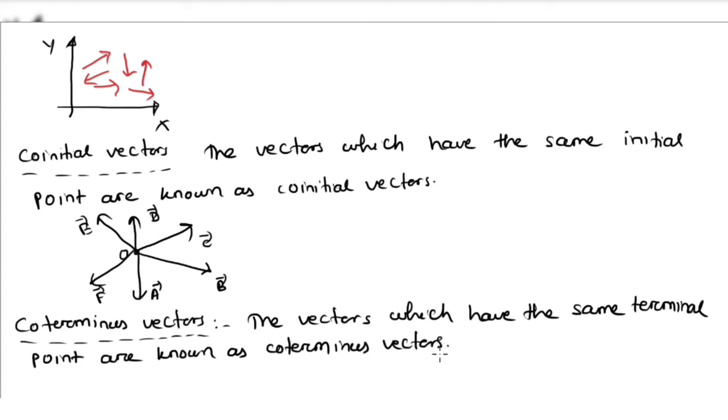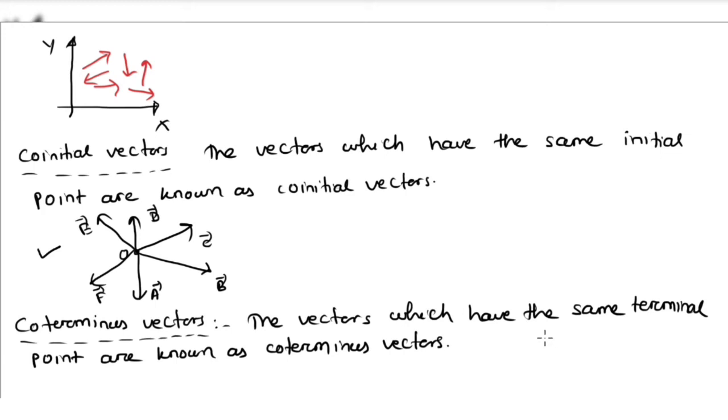Terminal point means the finishing point or the end point. So co-initial vectors means all the vectors start from the same point, and coterminous vectors means a number of vectors end at the same point.